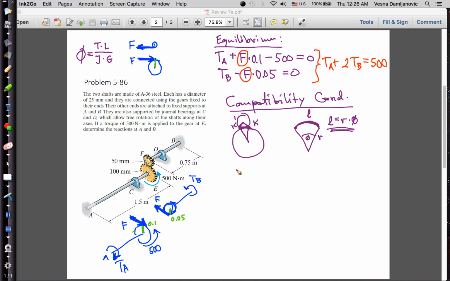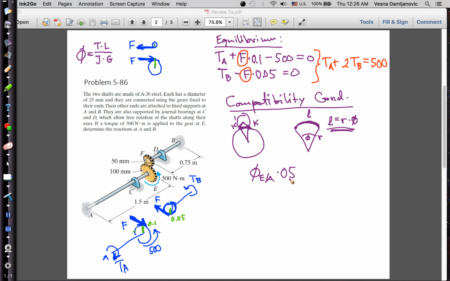So let's write it up. What is the arc of the big gear when the angle of twist changes? The angle of twist at this point is 0, at that point is E. So that's the angle of twist from E to A, times the radius of the big gear, which is 0.5.